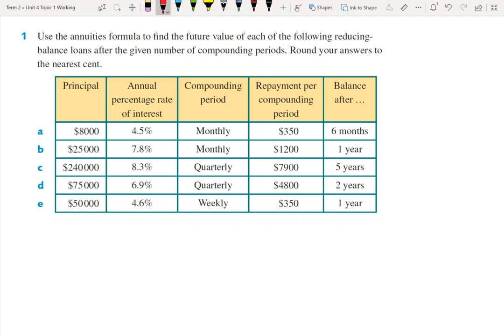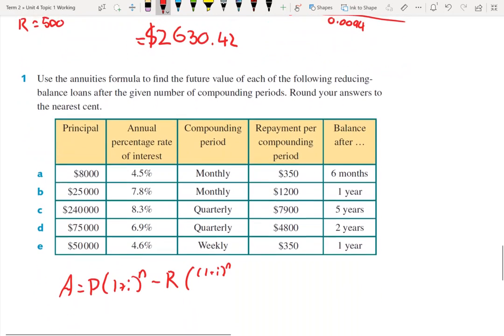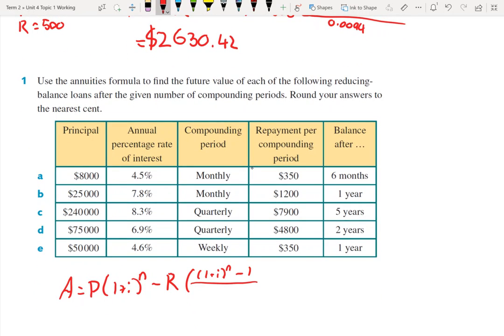So just use that same formula. A equals P, (1 plus I) to the power of N minus R, (1 plus I) to the power of N. What do we do then? Minus 1. Whoops, sorry, that bracket should be up here.